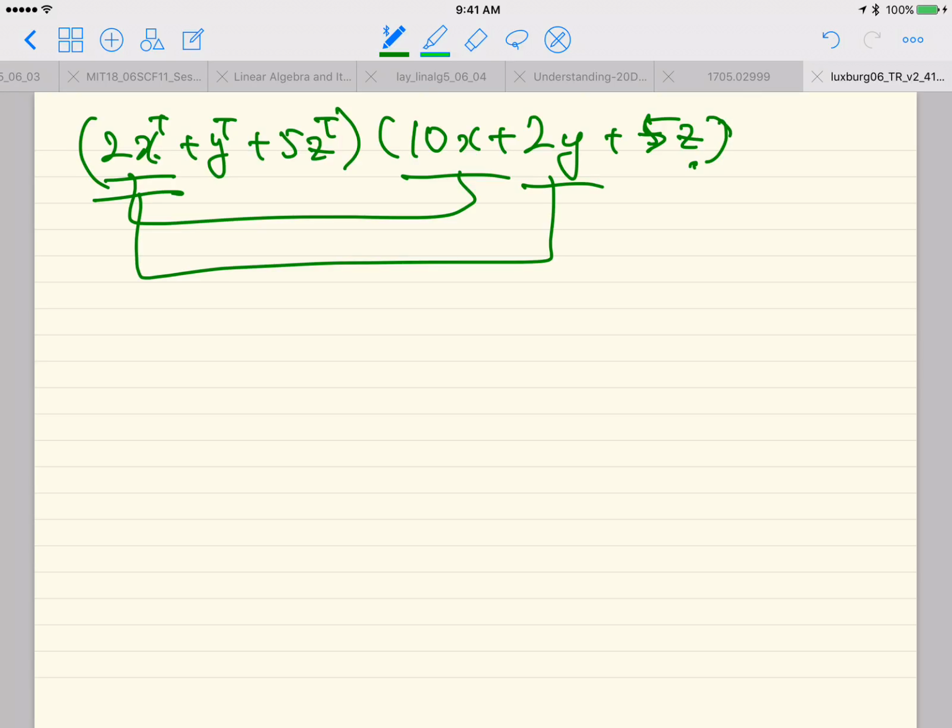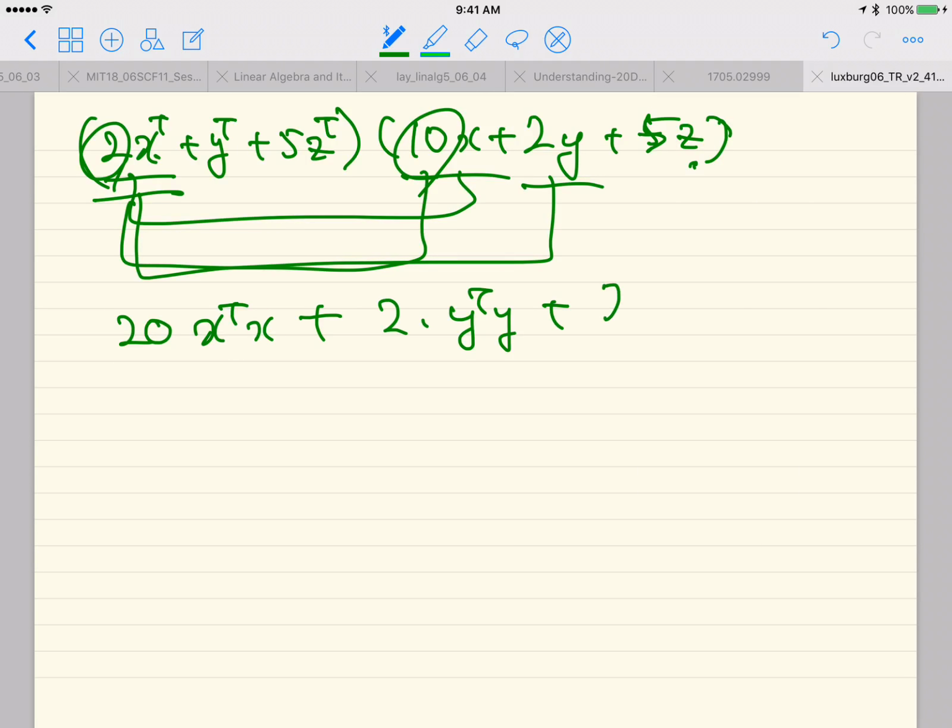If they are perpendicular to each other, the cross terms will all become 0, because they are orthogonal and their inner product is 0. The surviving terms will all be the self-multiplied terms, like x transpose x times 2 times 10, so 20, plus 2 times y transpose y, plus 25 z transpose z, right?